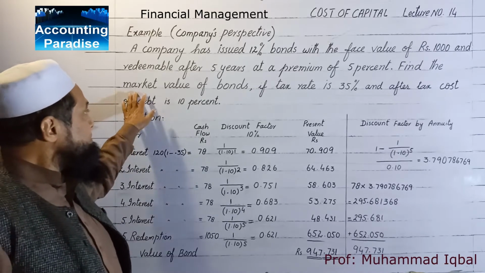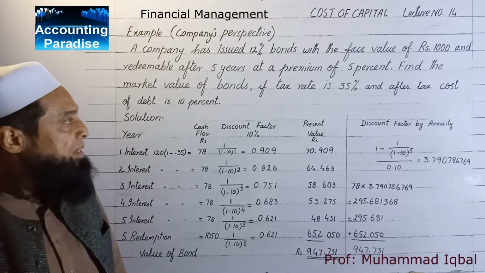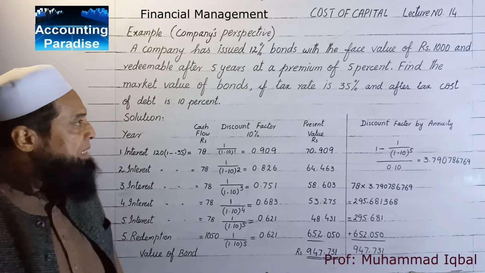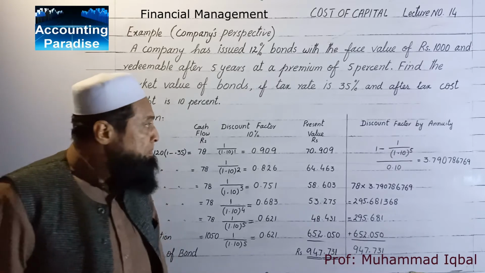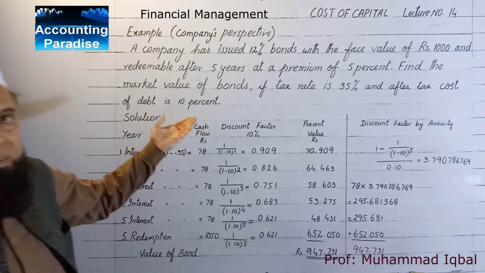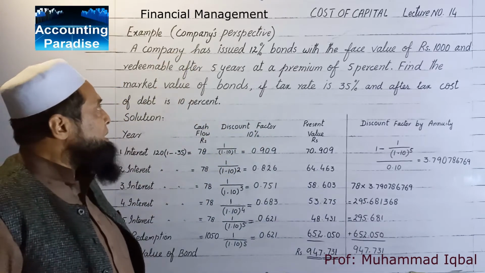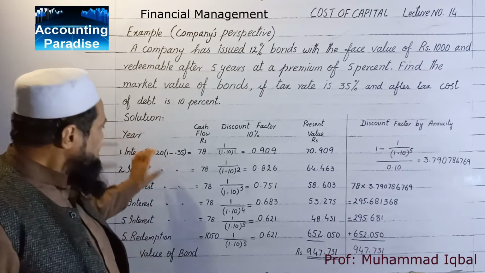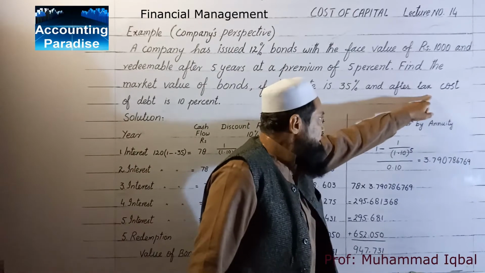Find the market value of the bond if the tax rate is 35% and the after-tax cost of debt is 10%. It is the same way of solution as it was in the investor's perspective. The only difference is that it is the after-tax cost.